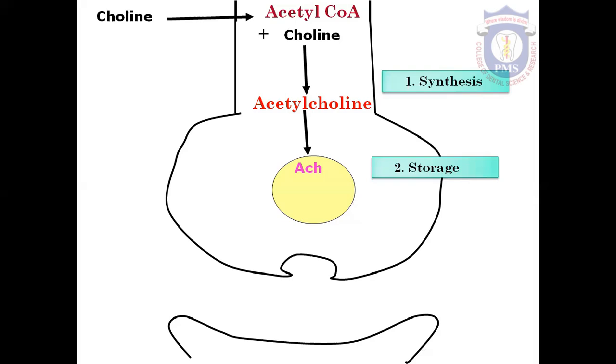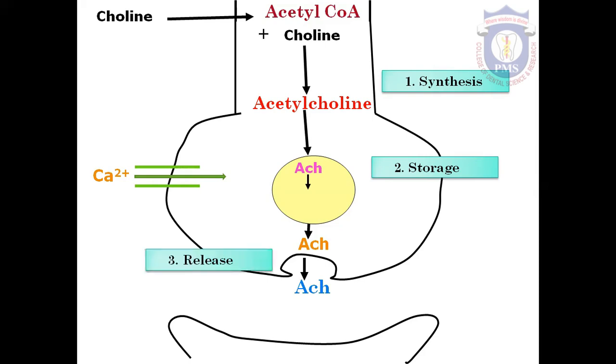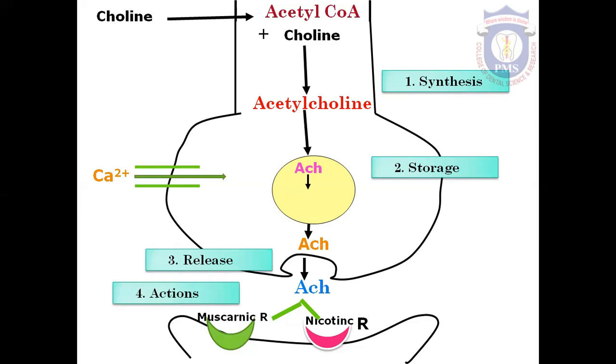When there is influx of calcium ions, it causes contraction of the synaptic vesicle, which results in release of acetylcholine into the synaptic cleft. This acetylcholine acts on the receptors present on the postsynaptic neuron. The receptors can be of two types, muscarinic receptors and nicotinic receptors. The acetylcholine is metabolized by the enzyme acetylcholinesterase into choline plus acetic acid.